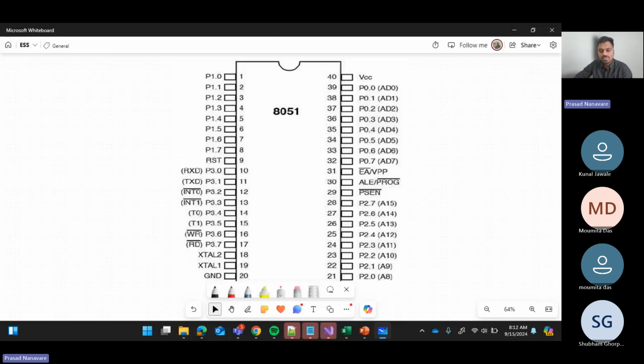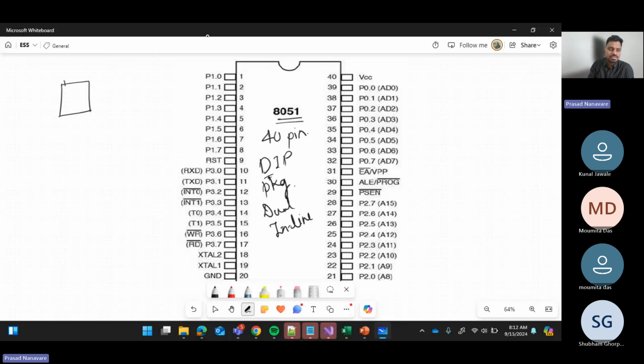What you see in front of you right now on my screen is the pin configuration of the 8051. This is basically a 40 pin package. This is called DIP package, which is nothing but dual inline. You might have seen a lot of processors having this configuration, right?